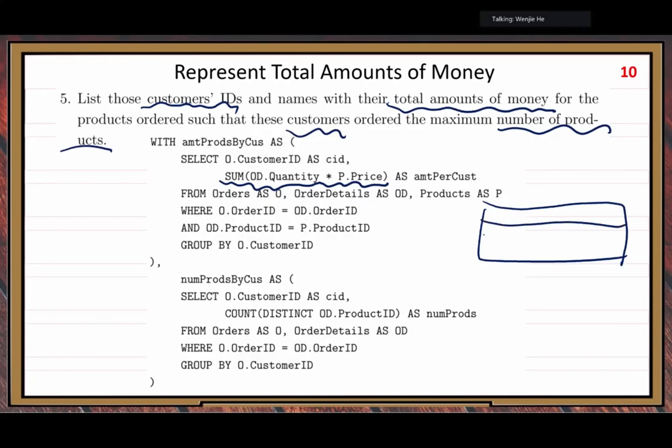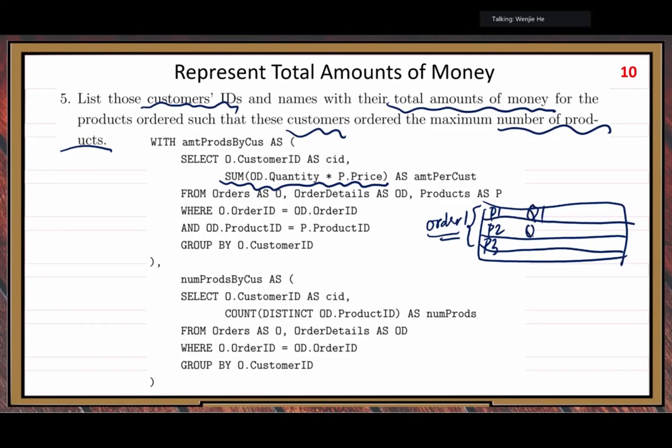Then, because there are multiple rows, let's say this is order 1. Order 1 has product 1, product 2, product 3, right? Different products. Product 1 has quantity 1.